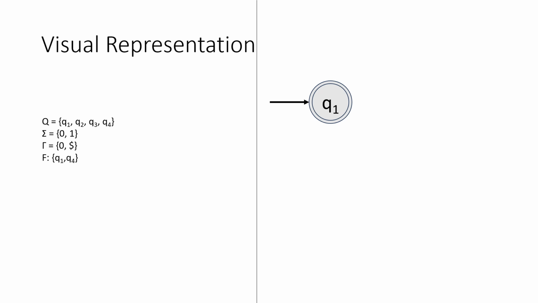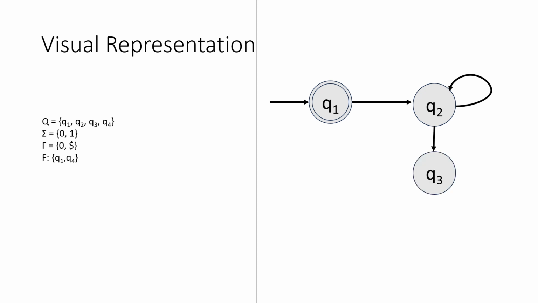In order to do that, I probably want to start by having a transition into the 0 counter state, which is basically going to loop onto itself every time it sees a 0 and push zeros onto the stack. And then the second it sees a 1, it's going to move to Q3. And Q3 is going to start counting ones until it's done, at which point it's going to go to a final accepting state.